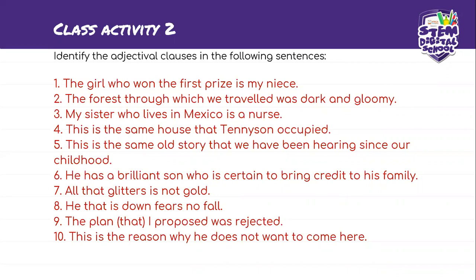Any question on adjectival clauses? Is there anyone who needs clarity here before we go to the last activity, which will be on adverbial clauses? Any question here?